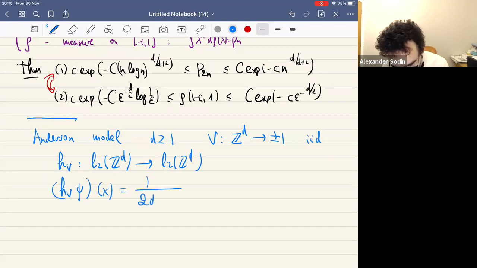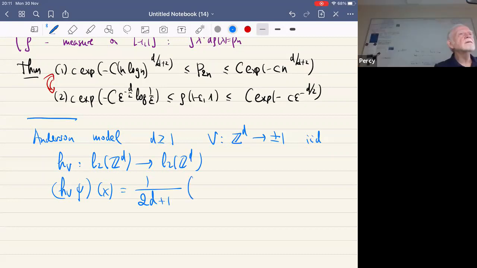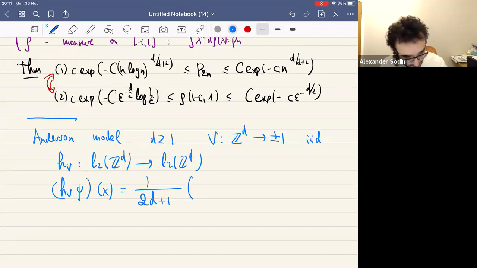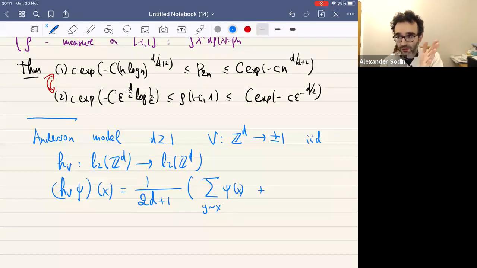I have a cosmetic factor 1 over 2d plus 1, which has no importance whatsoever, and we multiply it by a sum of two terms. One is something like the discrete Laplacian, the sum over nearest neighbors of x, of psi of x, and the second is a multiplication operator by our random potential.